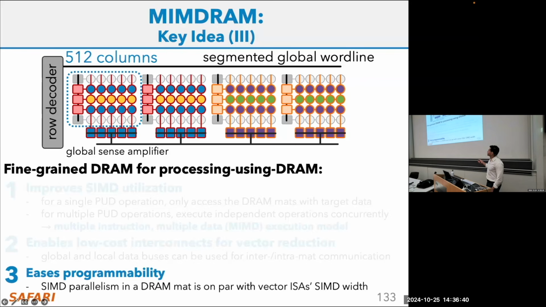Since each column here is a SIMD lane, we have 512 SIMD lanes in this single DRAM mat. This is the same number of SIMD lanes that you have in vector ISA instructions like AVX512, exactly that. So we can reuse those AVX or vector instructions from CPU ISAs and consequently their compiler support to map code to this substrate in a way that is transparent to the programmer.